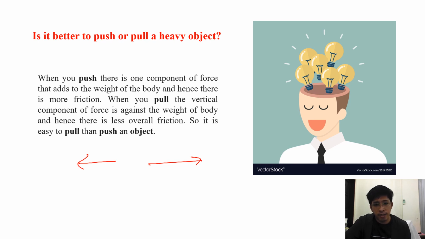So in this case here, the push and pull is the same. But when you push and pull at some angles, it is easier to pull than to push. Okay. So now you know that it's better to push or pull a heavier object when you are pulling or pushing at a certain angle.